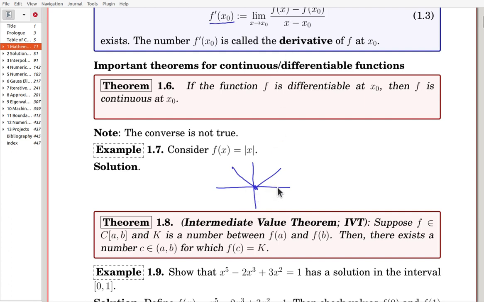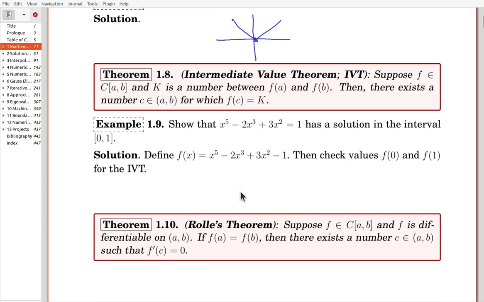If x is approaching from the right side, then this quotient must be 1, so that the limit must be 1. So the left limit and the right limit are different, which means that the limit doesn't exist. So here, at this point, it is not differentiable.